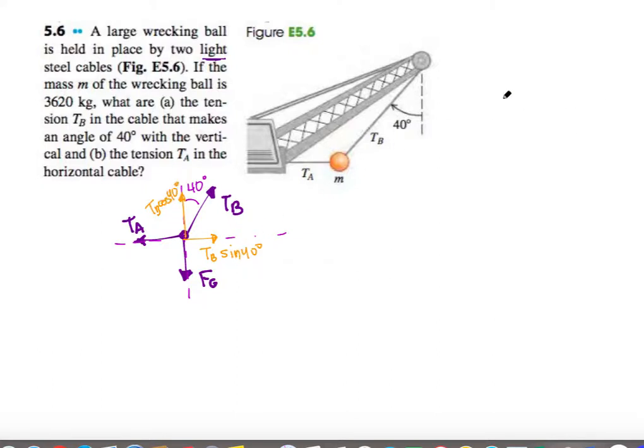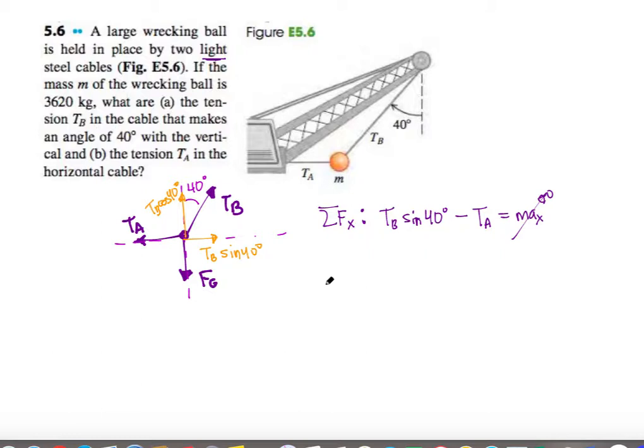So I'm going to create some sum of force equations. In the x direction, I have TB sine 40 minus TA equals MAX, which is 0 because we are just sitting here.